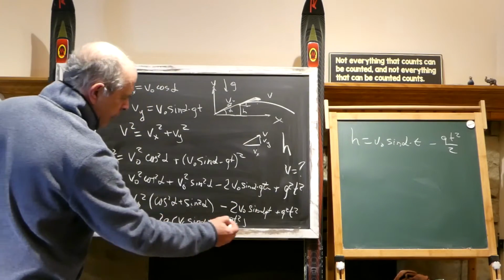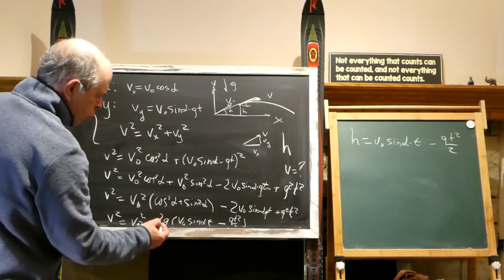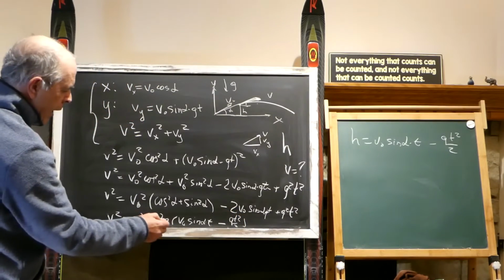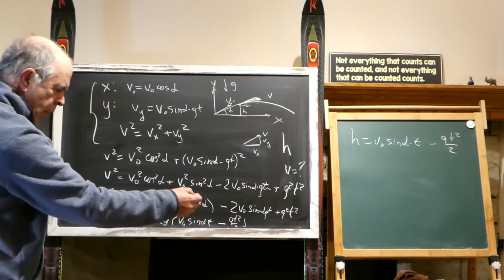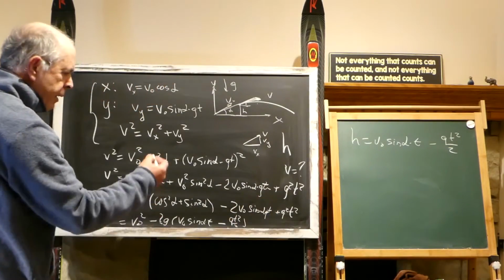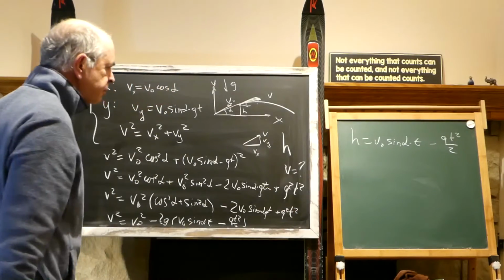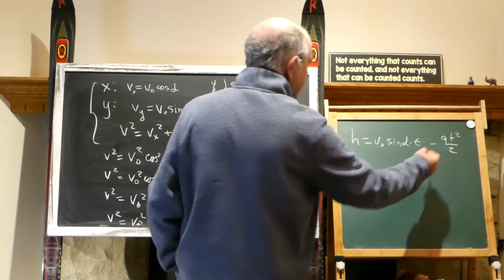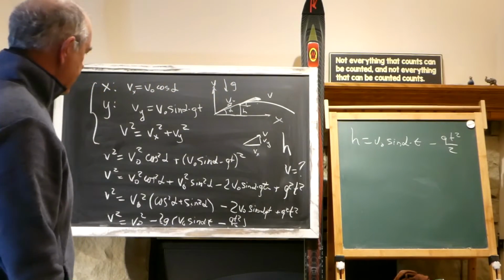And then minus by minus would be plus, the 2 would be gone from the bottom, and g would go to the upper part of my fraction, the numerator, and it would be g squared. Right, so now I have h equal v0 sine alpha t minus gt squared over 2.